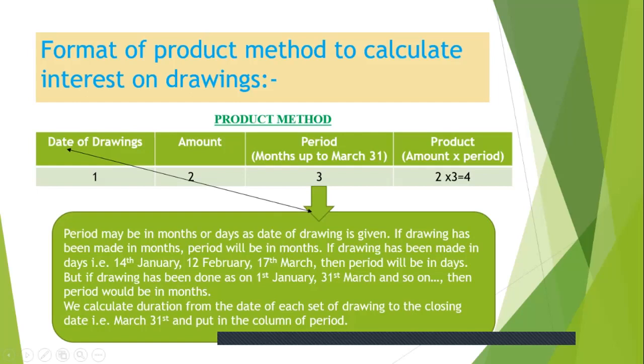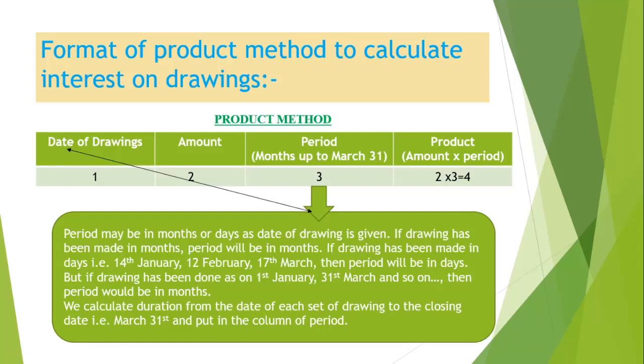We calculate the duration from the date of each drawing to the closing date, that is March 31st, and put it in the column of period. Then we multiply column 2 into 3, and it will come in column 4. So I think it is very clear how to make the format. You will be even clearer with the next slide, when I will show you the question and answer both.